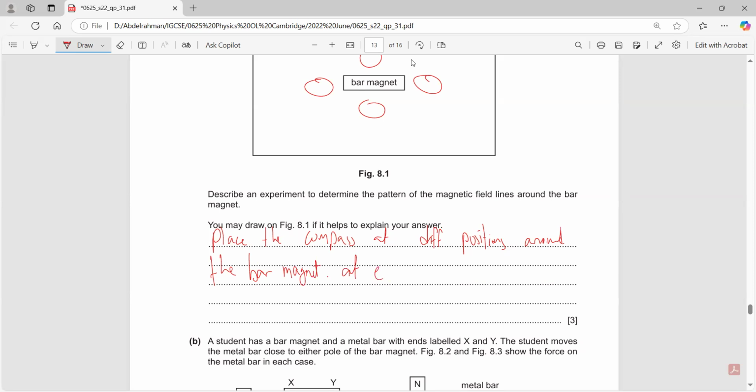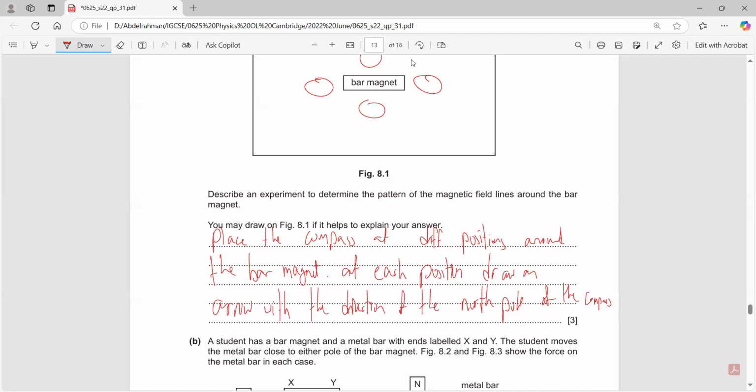At each position, draw an arrow with the direction of the north head of the compass, the needle head.